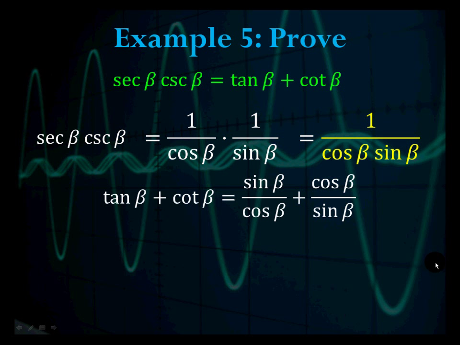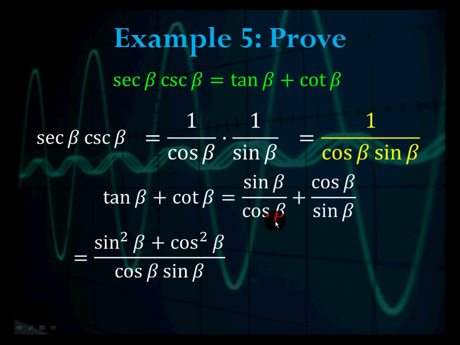So let's work on the right side. Tangent beta plus cotangent beta equals sine beta over cosine beta plus cosine beta over sine beta. I just re-express them as functions of sine and cosine. Now, let's combine them into one fraction by multiplying the top and bottom here by cosine, multiplying the top and bottom here by sine, so you have a common denominator of cosine beta sine beta.